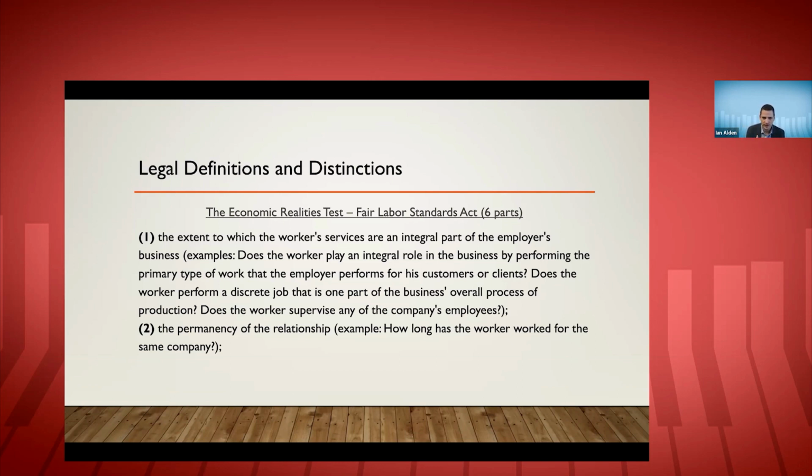Common example, again, is salespeople. Another common example is management. It's a really weird thing to try and hire an independent contractor to manage your employees. As a general rule, I tell people don't do it, because they are A, being controlled to some degree by you as the upper management, and B, they are becoming an integral part of your business, such that you're going to fail part one of the economic realities test.